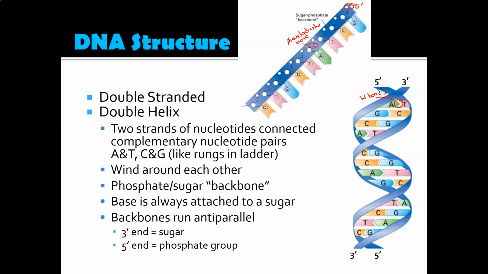That would then run down to a 3' end, which would be your free sugar. Okay, so if I were to look at this strand here, I'd have a sugar here running all the way down to a free phosphate. The other strand is the opposite, so I've got a free phosphate running all the way down to a free sugar.